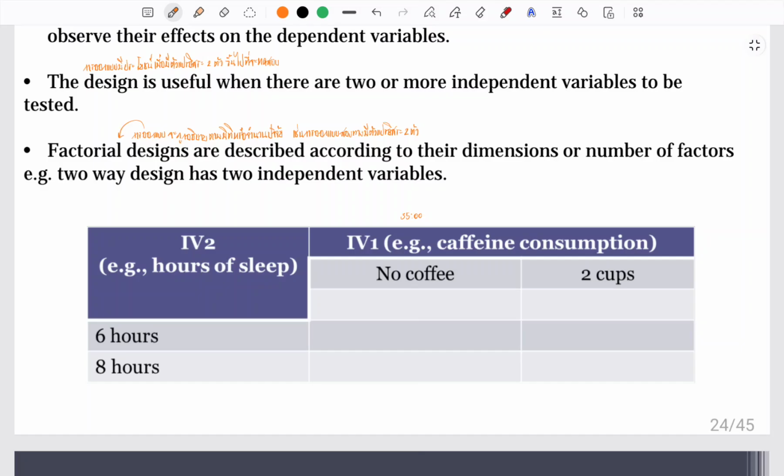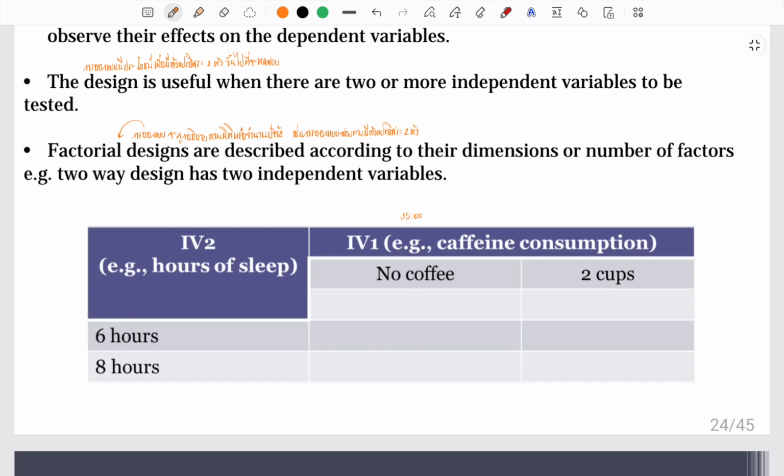Not sure yet. Okay. So I think most of you are still using one independent variable, right? That's okay. In the future, after you graduate, if you plan to continue for a PhD, you can use factorial design.